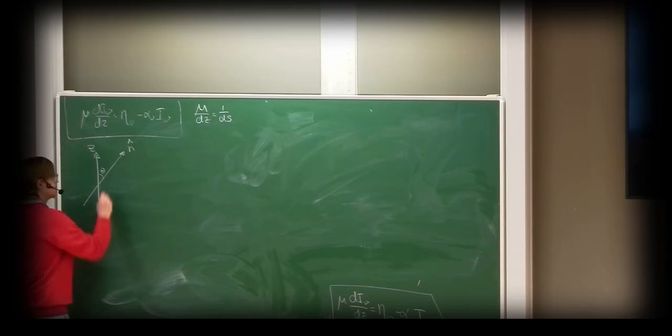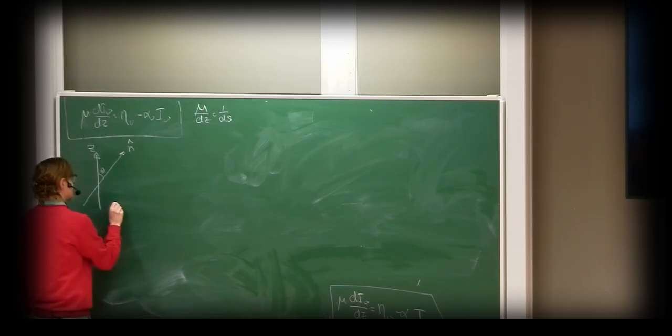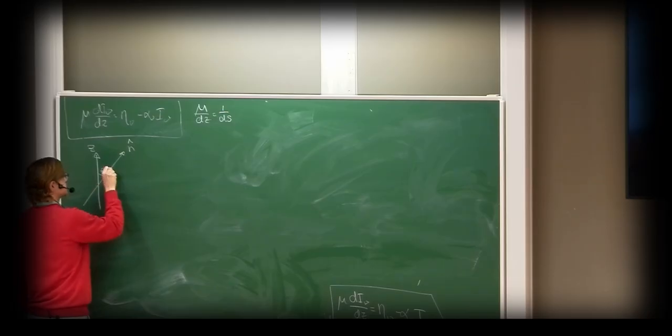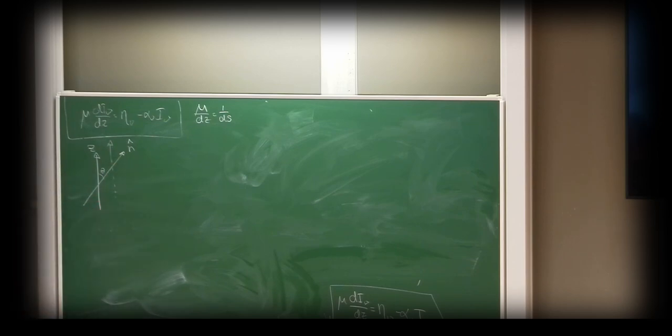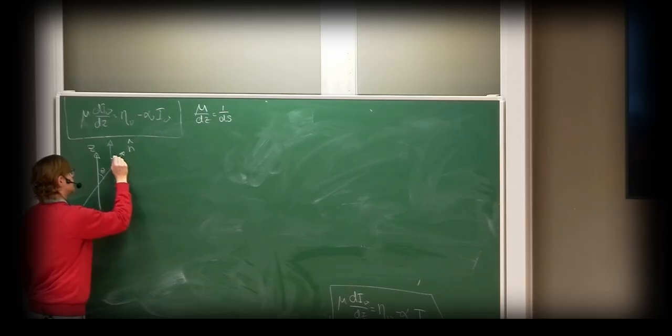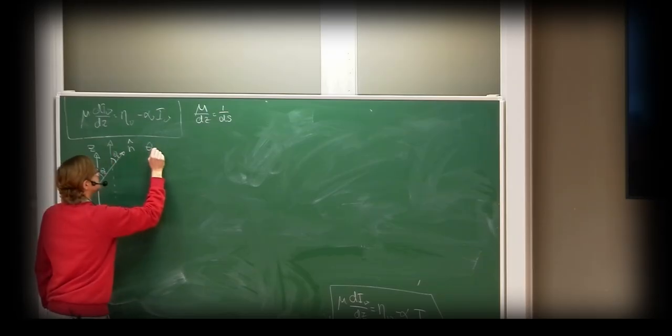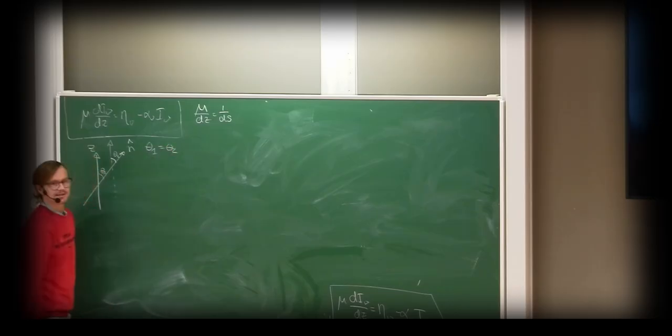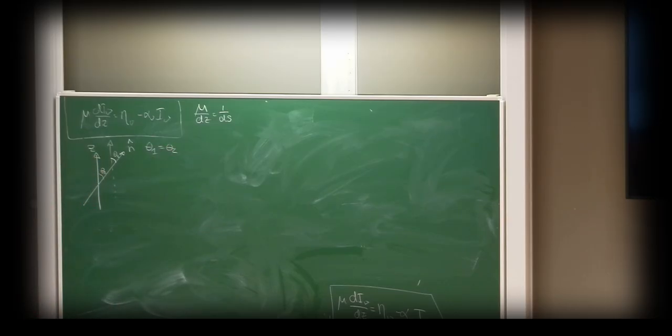Now, what you can see and what is so nice with this is, of course, that once you have traversed a certain way within your media, and you come up here, you can just look at a vertical there, then along this ray, you put a theta 1 there, you put a theta 2 there, you see that theta 1 equals theta 2. There is no variation of the theta angle here. There is no variation of mu, which makes life easy.